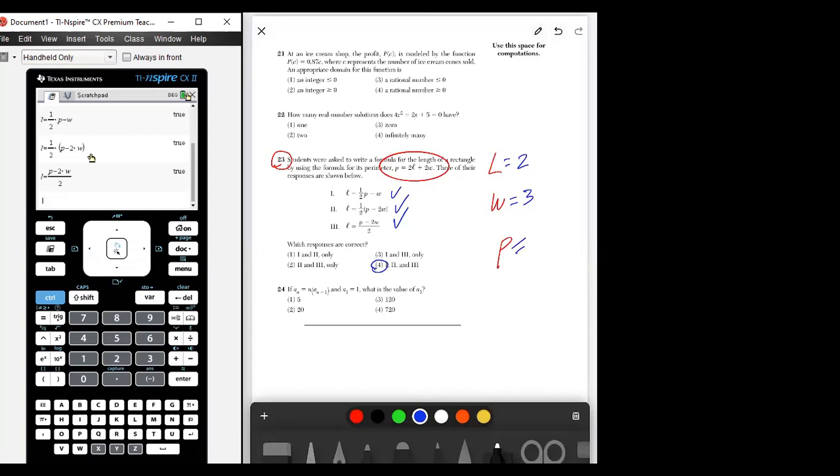In this case, I stored 2 into L, 3 into W, nSolved and got 10, stored 10 into P, and then looked for which equations would give me a true. They all gave me trues. So that's why I chose answer 4.